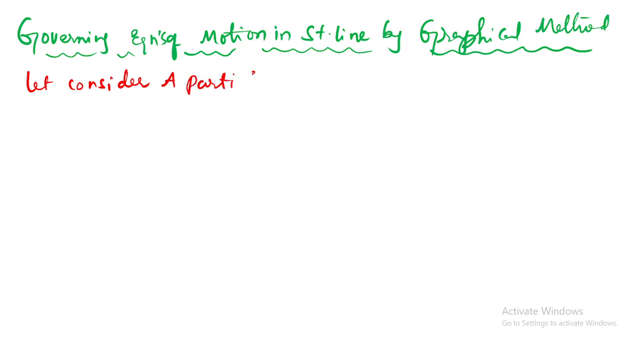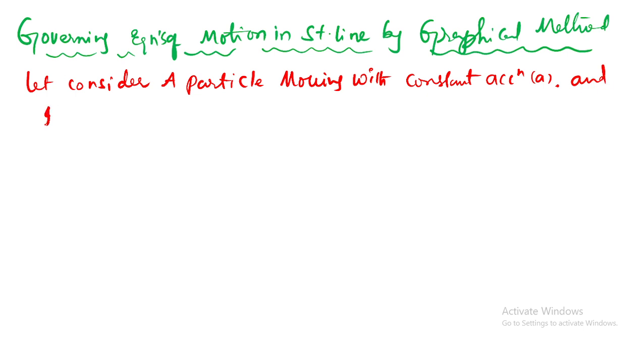Particle means it can be a vehicle, it can be a living thing also, anything. A particle moving with constant acceleration a and initial velocity u. Means you started observing that vehicle or the person.